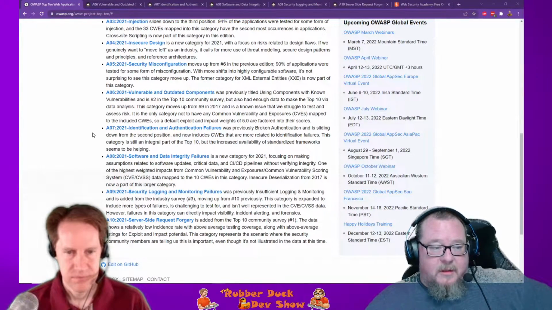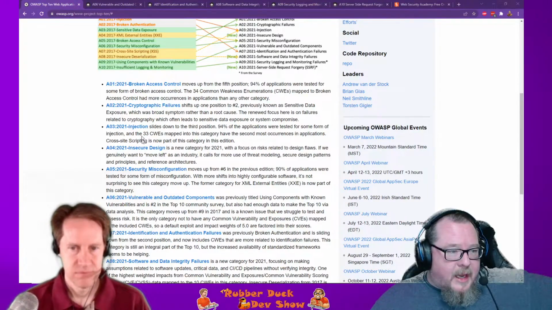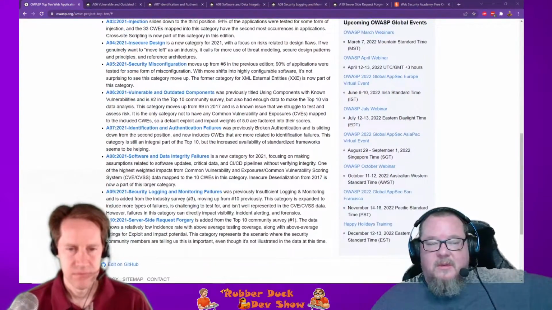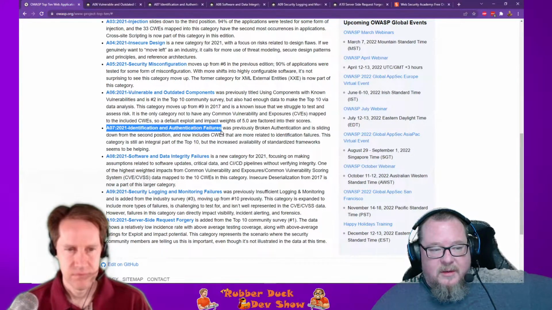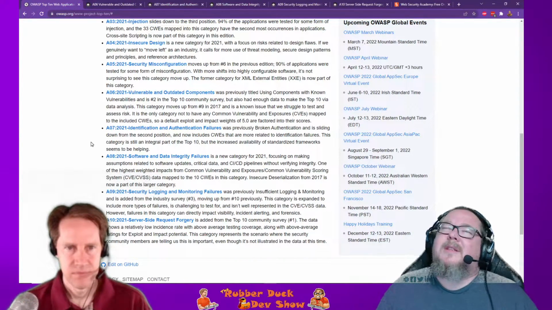So, number 7, identification and authentication failures. This is one of the other things that they had up here, broken access control, which I think is what I was thinking of when I first read this. But this is a little more insidious, I think.